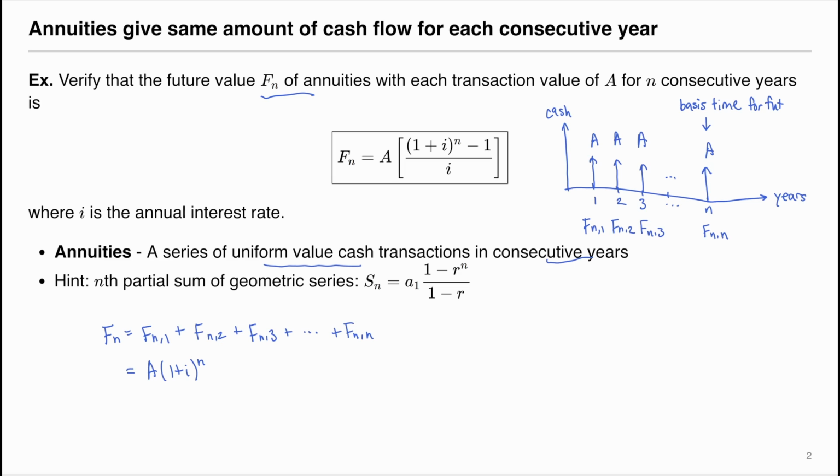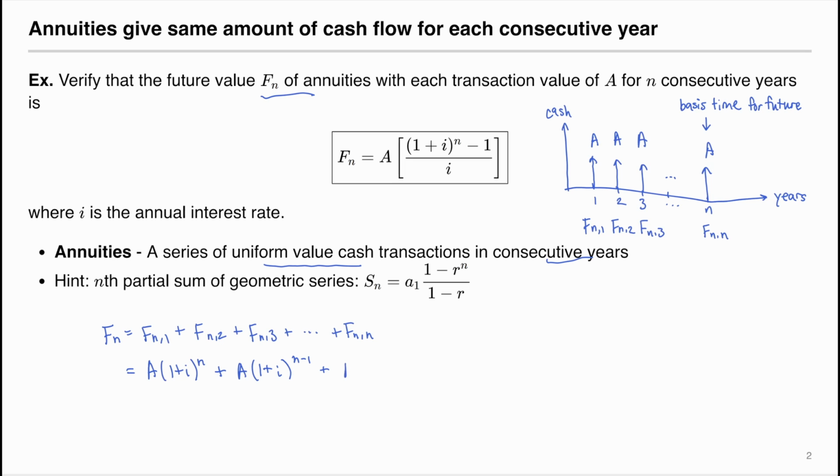So all the money's value will be converted to the final year, and therefore we will have n years for the first year. For the second year, we also have a base money of A, and then we compound its interest by 1 + I for how many years? From the second year to the nth year, so that will be n minus 1 years.